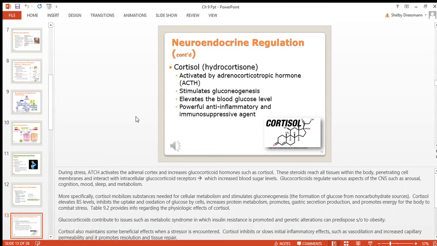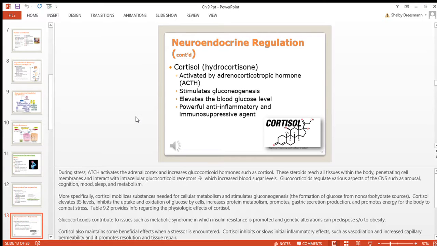Cortisol elevates blood sugar levels and inhibits the uptake and oxidation of glucose by the cells. So they want it in the blood rather than in the cells.